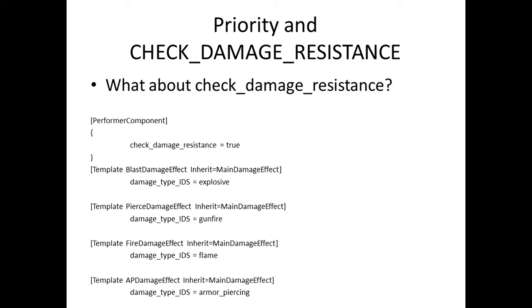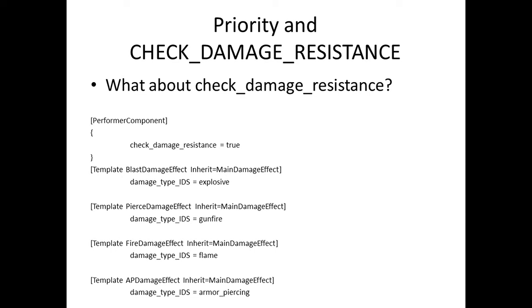It also means, in terms of targeting, that the actor will try to use its abilities on whatever they would be most effective against. So, for example, the reason why anti-tank units have this enabled is so that they will prioritize targeting units that, in this case, do not have a resistance to armor piercing.